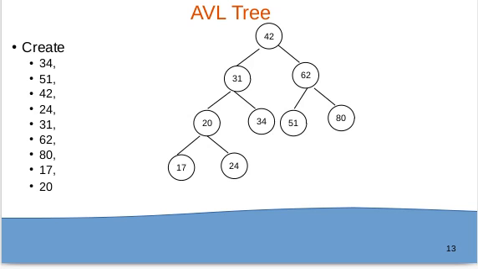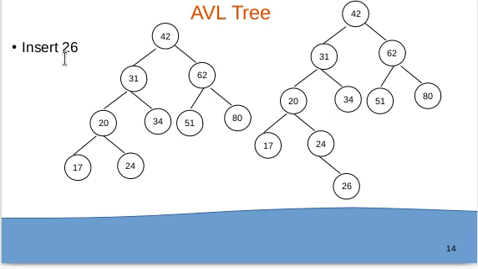To show you more examples, I am giving an example of insertion of 26. So when with this tree we want to insert 26, we will insert it in this direction. 26 is less than 42, less than 31, greater than 20, greater than 24, so 26 goes here. Now the balancing factor of this is okay, 0 minus 1.